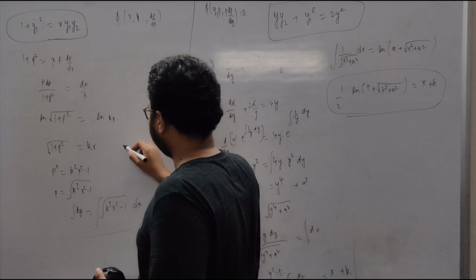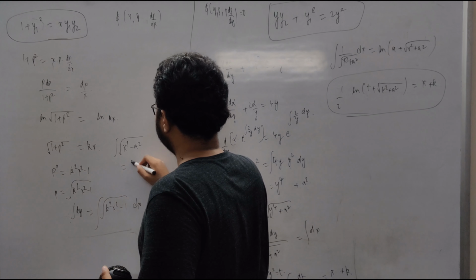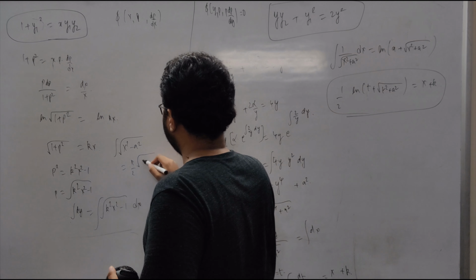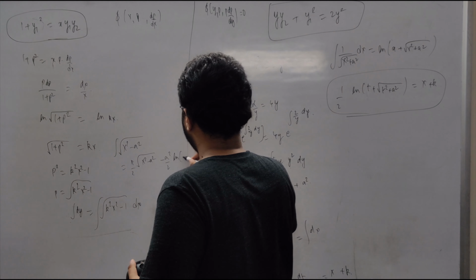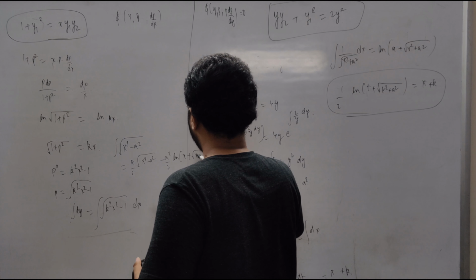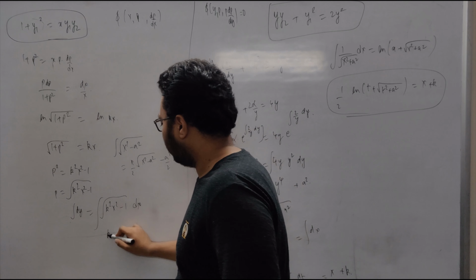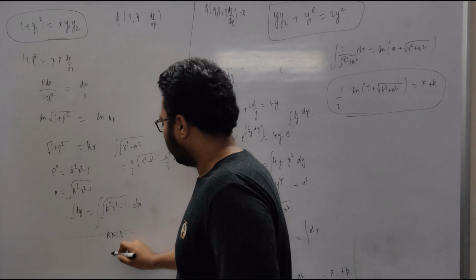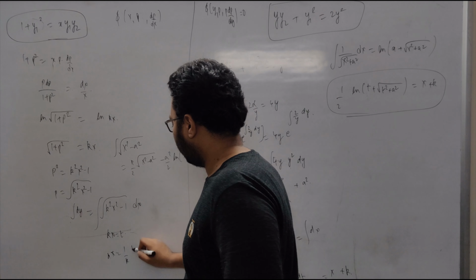And we know that the integral of under root x square minus a square equals x by 2 under root x square minus a square, minus a square by 2 ln x plus under root x square minus a square. So we can put kx equals some t, and dx equals 1 by k dt.